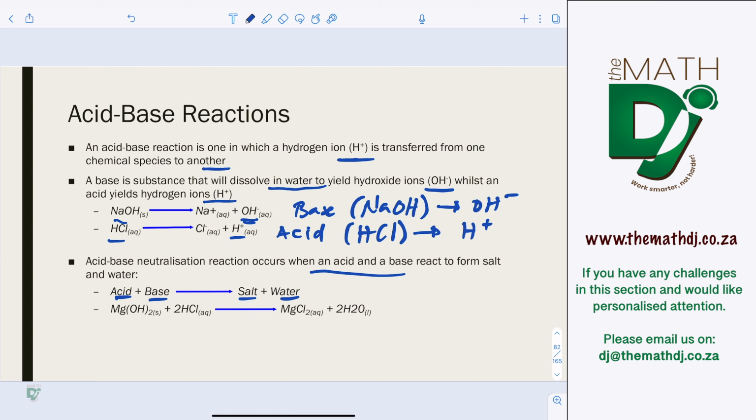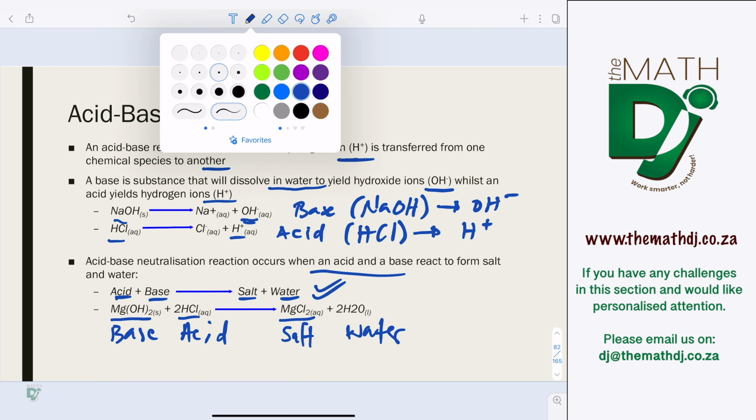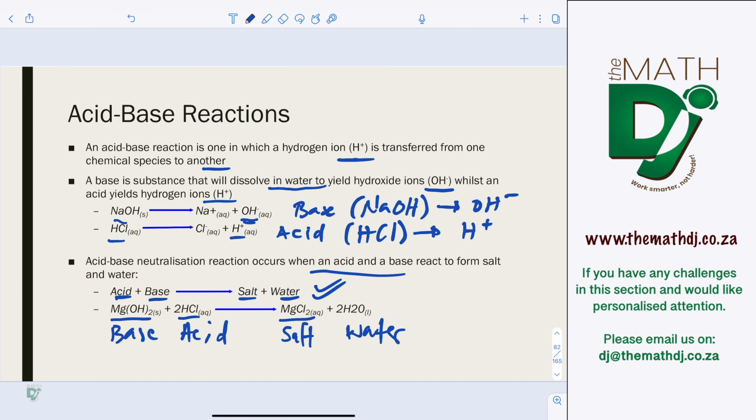So magnesium oxide plus hydrochloric acid, this is a base and this is the acid, so they form salt and water. This is the salt and this is the water, H2O. This one is very important. You must remember it: acid plus base equals salt and water. It will help you to balance the equations and so forth.